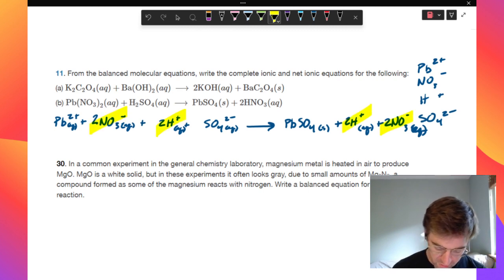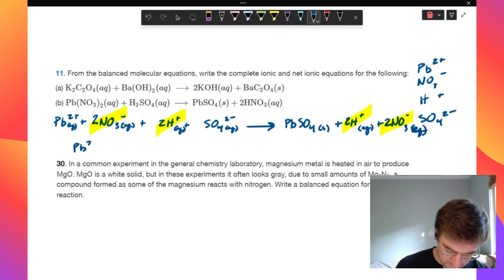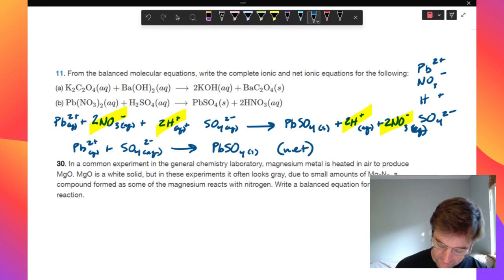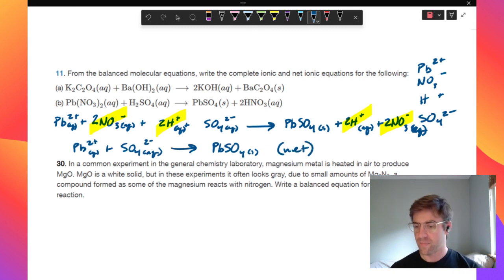We can ignore them. We're left with our lead and our sulfate, and our solid lead sulfate product. This is our net ionic equation.